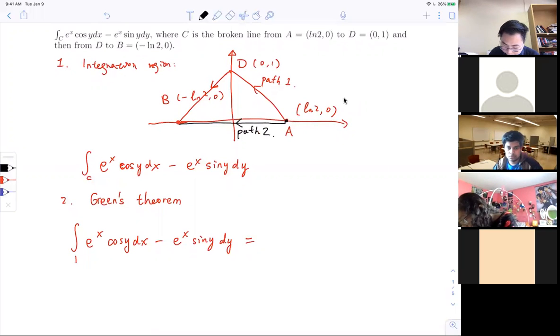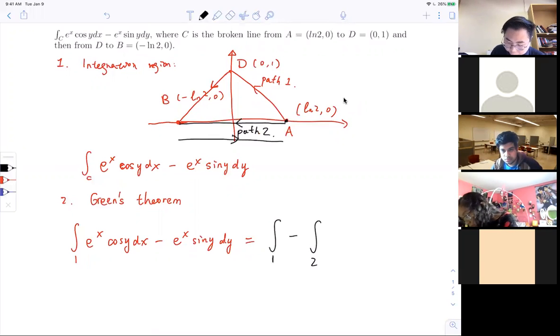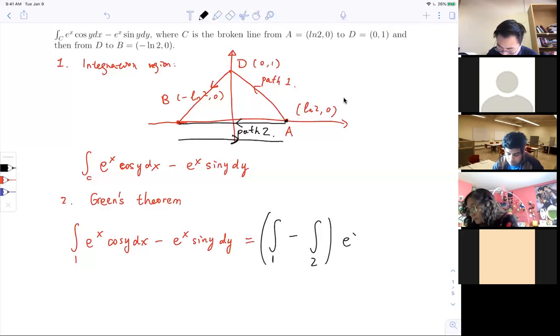Path 1 minus path 2 will give us a closed loop, because minus path 2 corresponds to going from B to A. The minus sign corresponds to reversing the direction. So A to B and B to A form a closed loop.